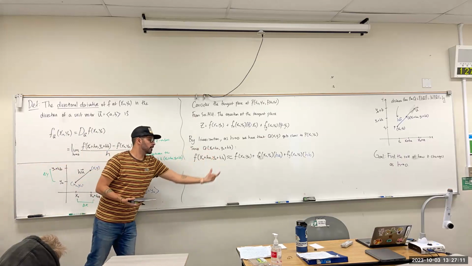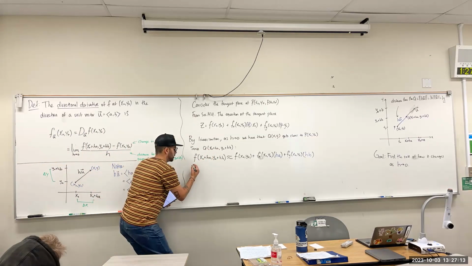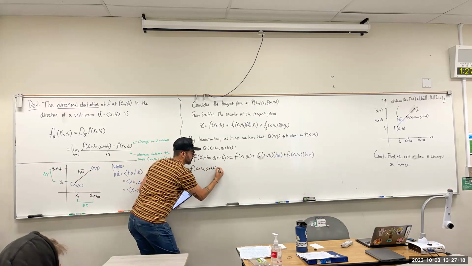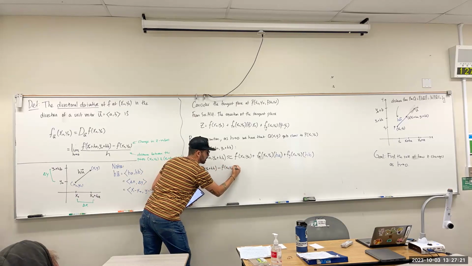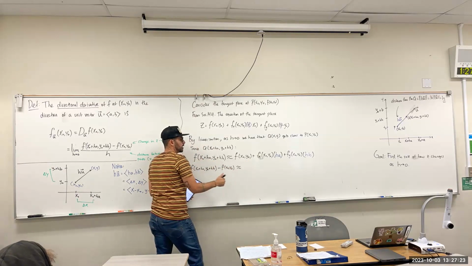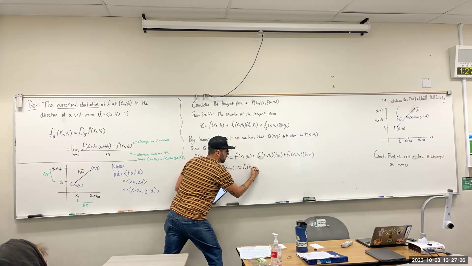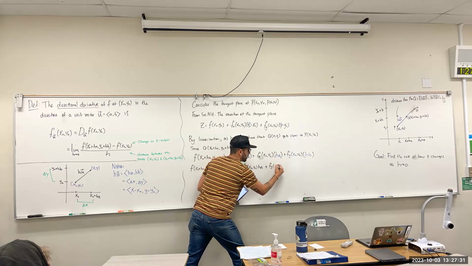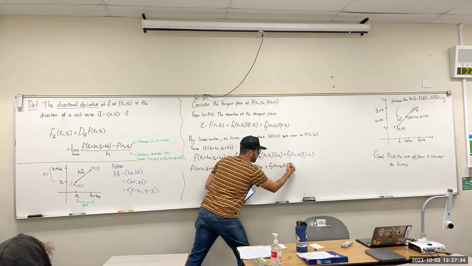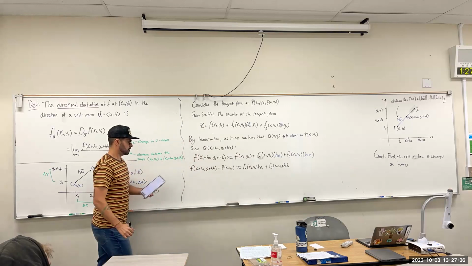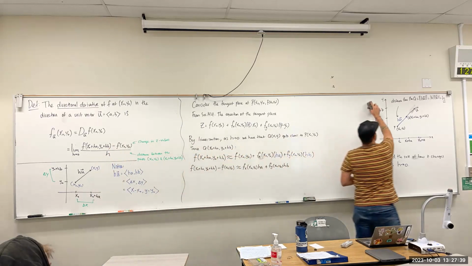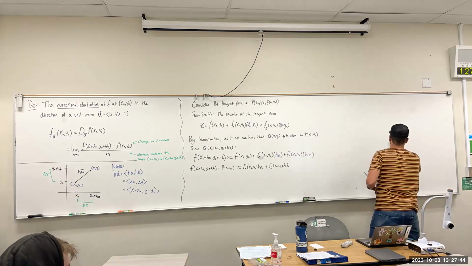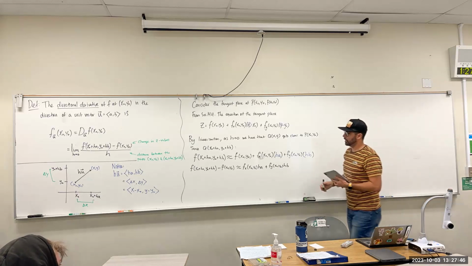So let's subtract f of x naught from both sides. So f of x naught plus ha, y naught plus hb, minus f of x naught, if I just subtract it to this side, is approximately equal to f partial of x at x naught, y naught times ha plus f partial of y at x naught, y naught times hb.